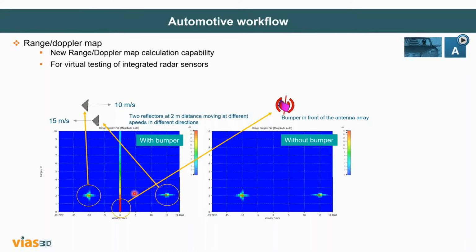On the left we have the simulation with the bumper in front of the sensor, and on the right the same simulation but without the bumper. So you can analyze the effect that different car body parts have on the radar, for example.